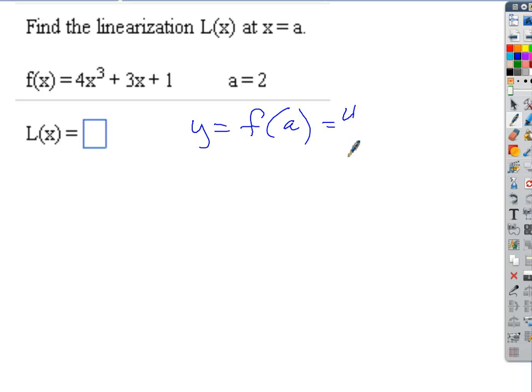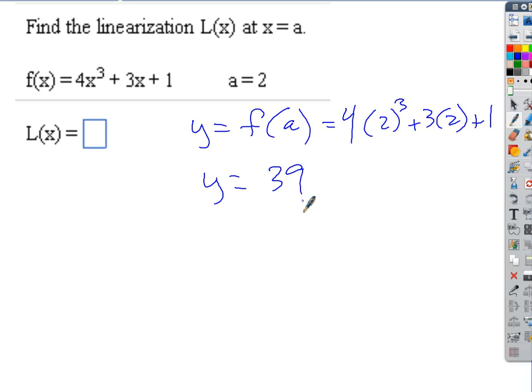To find the equation of the line, we got a point. Our point is at (2, 39), but we need a slope. How do we get the slope? The slope of the tangent line is just going to be f prime of a, right?